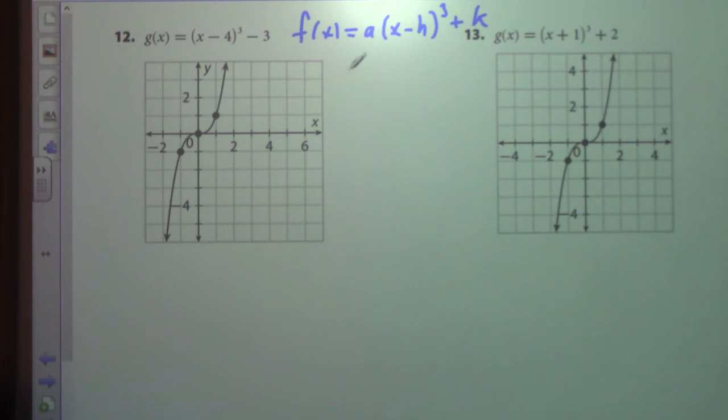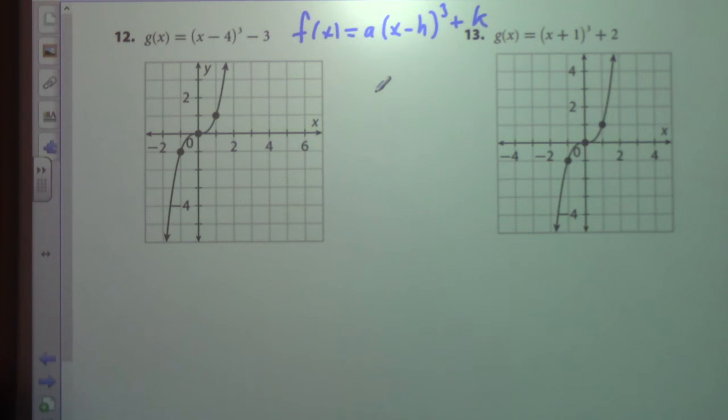Well, I said, what's being done here is the same thing we've been doing since September or October, when we started translating quadratic functions, absolute value functions. It's the same thing, right?